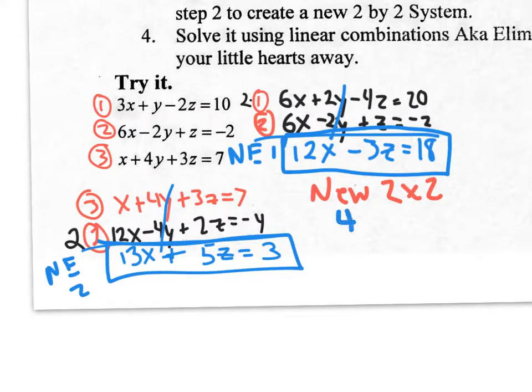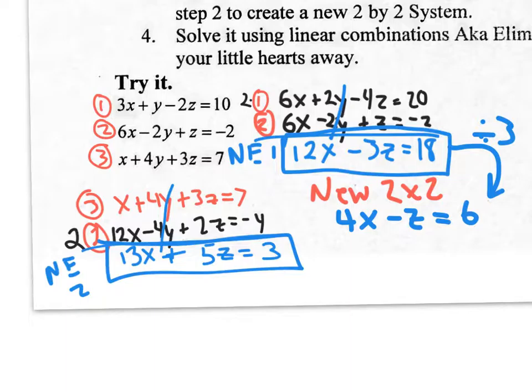It's going to be a 4x, a negative 1z, equals 6. Now, I don't know about you, but I would much rather work with 4x minus z equals 6 than 12x minus 3z equals 18. Yeah? So this top new equation 1, we just rewrote it, but we divided everything by 3. You could put that as your notes. That way you'll know how you got there.